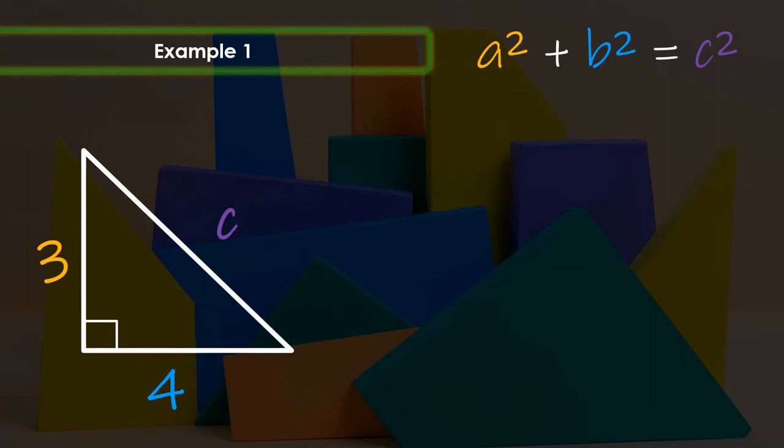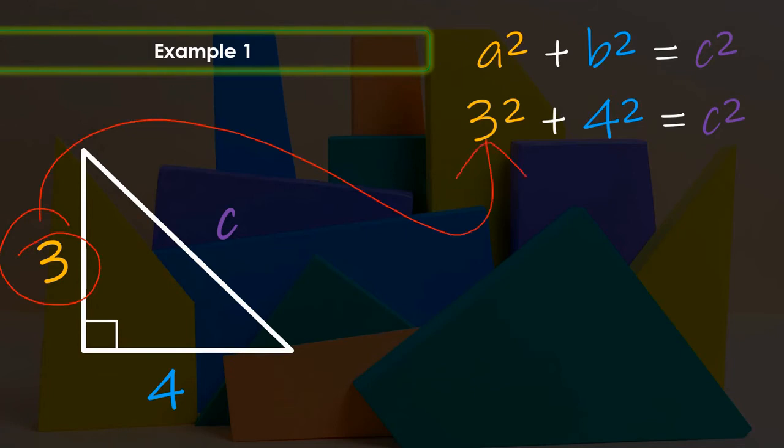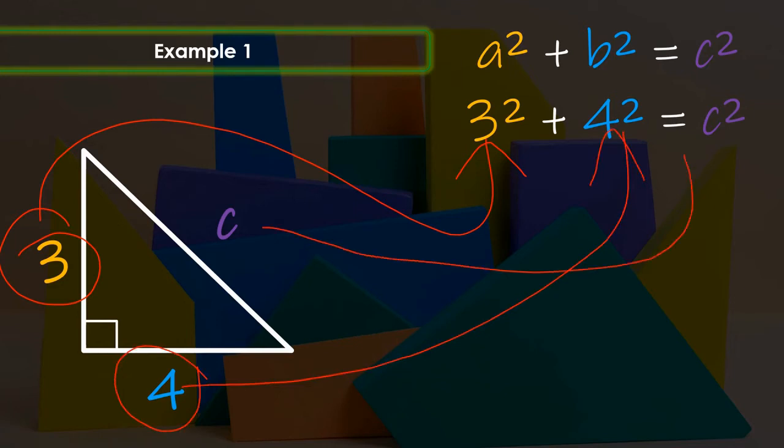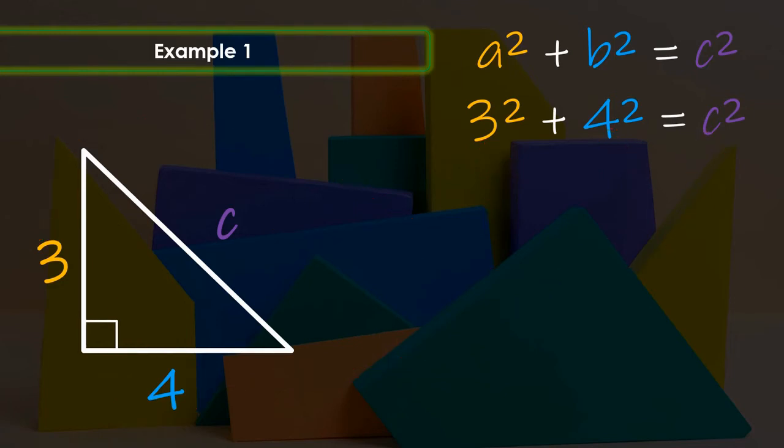Okay, are you ready? When we plug the numbers in, it's 3 squared plus 4 squared, and that's going to help us find our c squared. First, 3 squared.